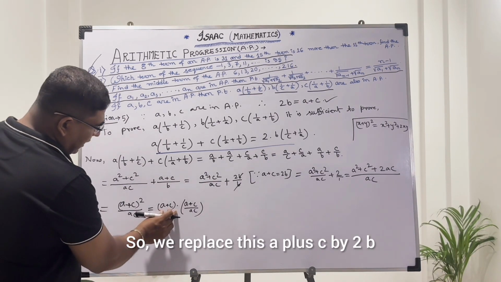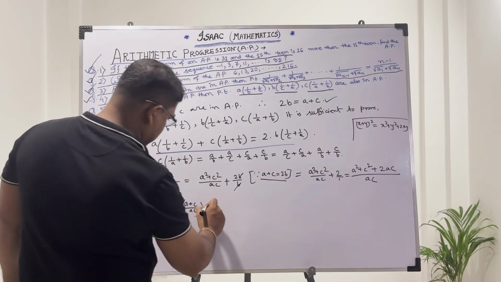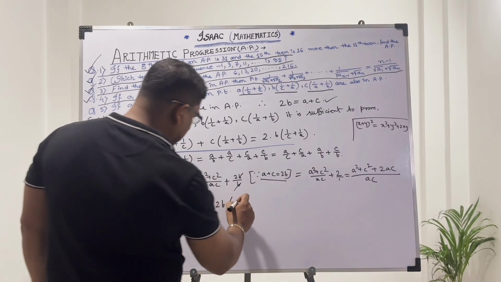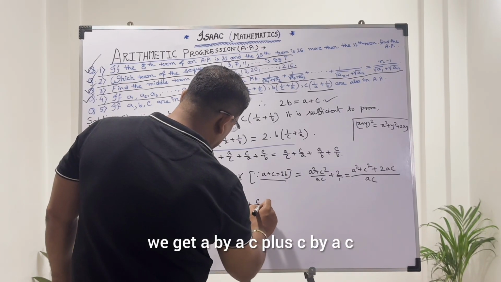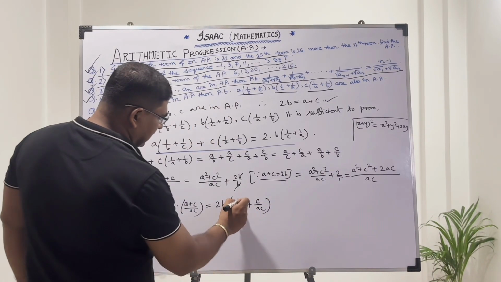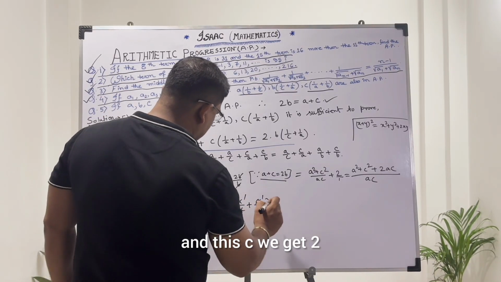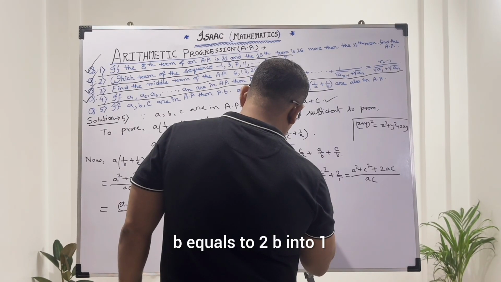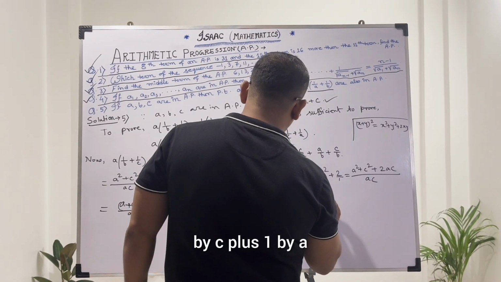So we replace this A plus C by 2B, and distributing this we get A by AC plus C by AC, and cancelling this A and this C, we get 2B equals 2B into 1 by C plus 1 by A.